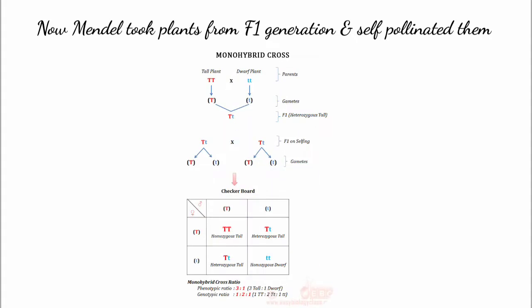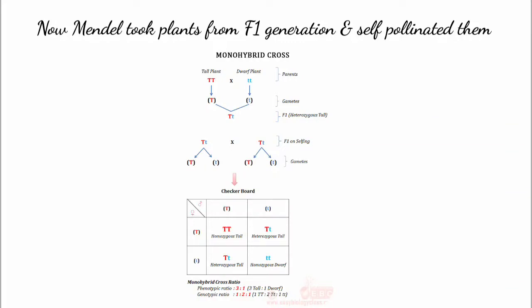So what is the conclusion here in the F2 generation? That in the F1 generation, the characteristic which was not expressed got expressed in the F2 generation. Correct? So when he self-pollinated, the resultant plants obtained were: capital TT, that is a homozygous tall plant, one heterozygous tall plant with a capital T and a small t, then a homozygous dwarf plant with small tt, and another heterozygous tall plant.